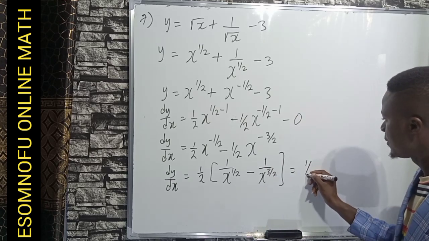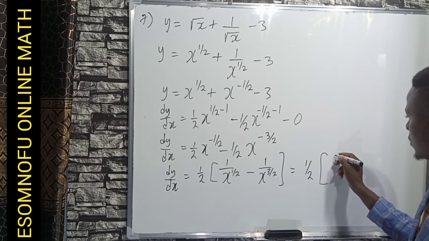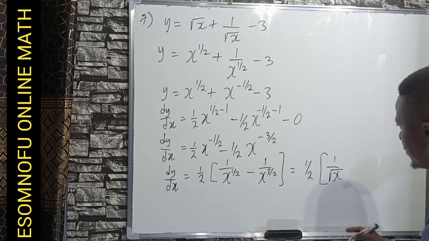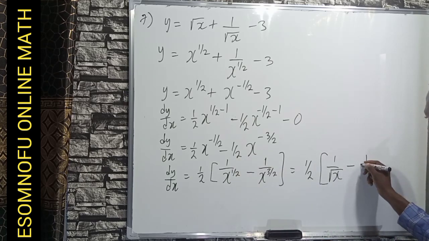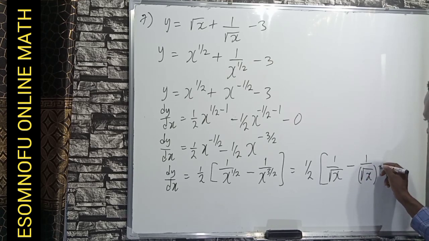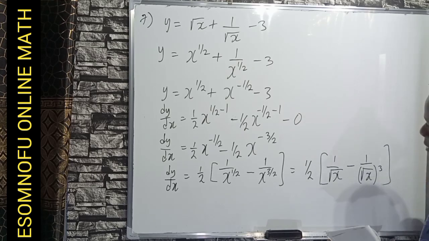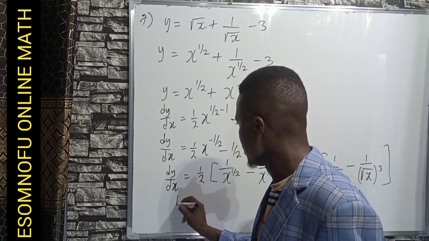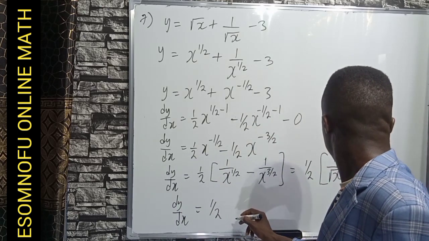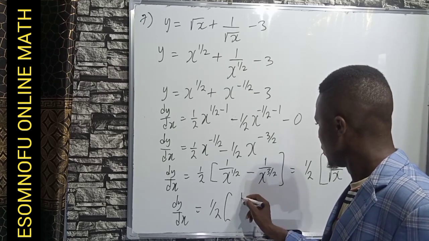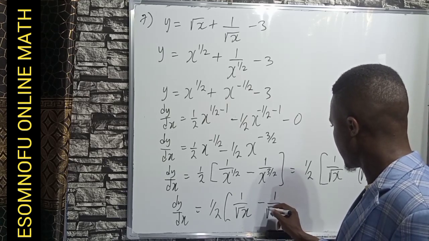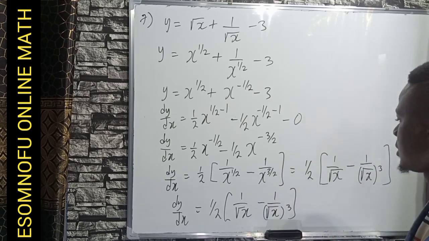This is the same thing as half into 1 over square root of x, because any number to the power of half means square root of that number, minus 1 over the square root of x, then to the power of 3. This is the solution to this particular question, that is the derivative. So dy over dx can be seen as half into 1 over root x minus 1 over root x to the power of 3, and that's the solution.